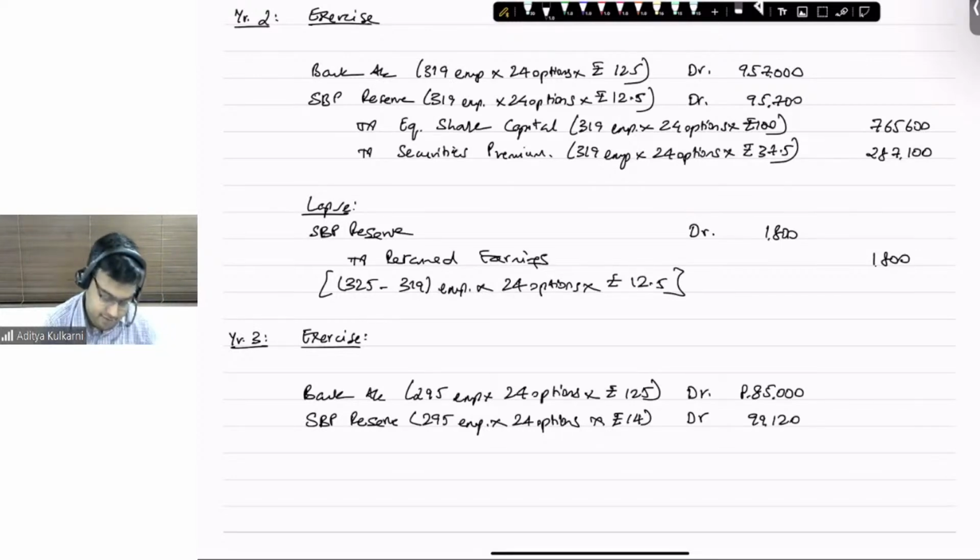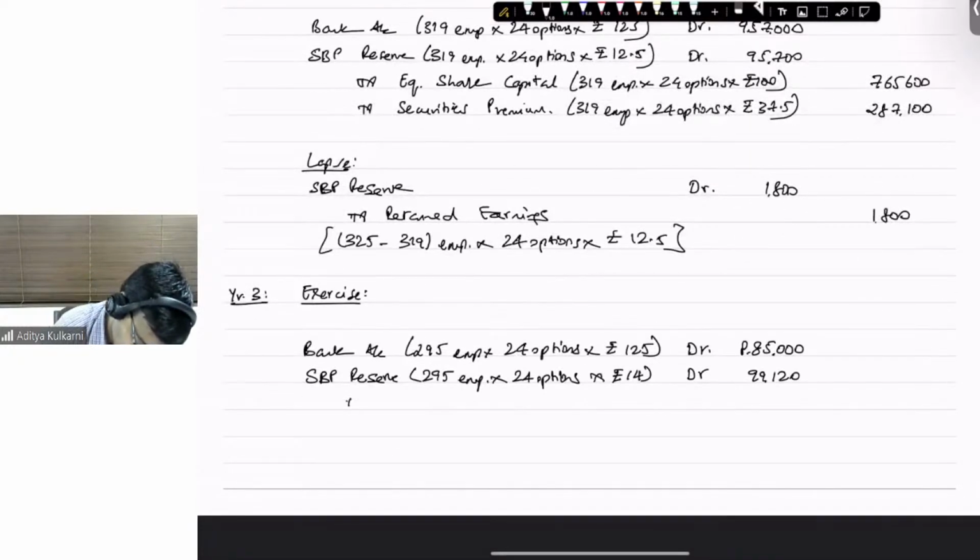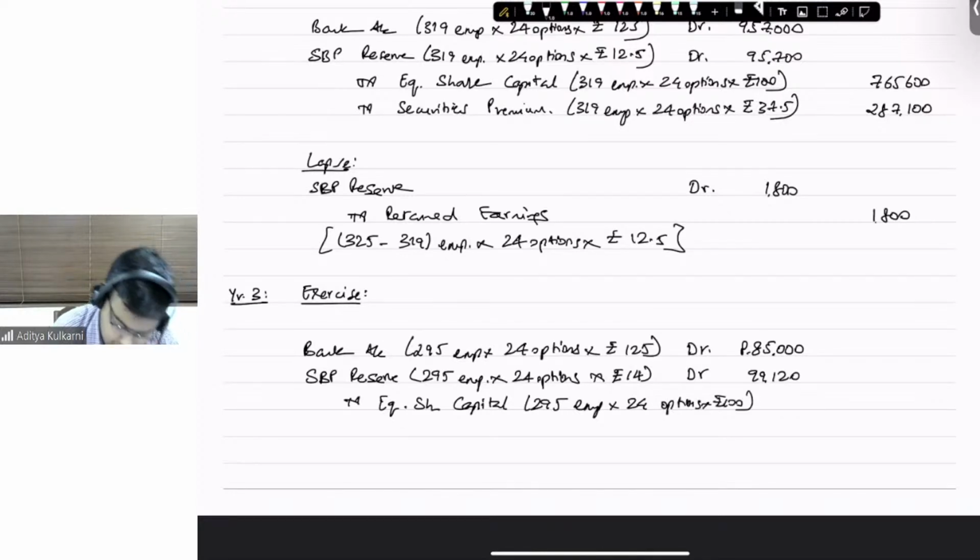Next, to equity share capital: 295 employees into 24 options into rupees 100. 295, 24, 100: 7,08,000.